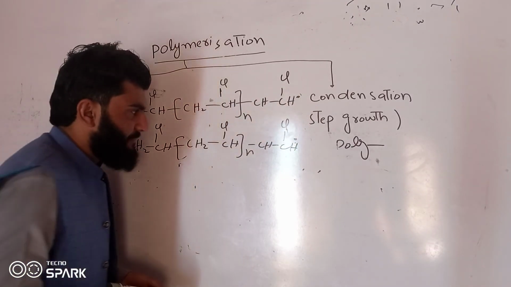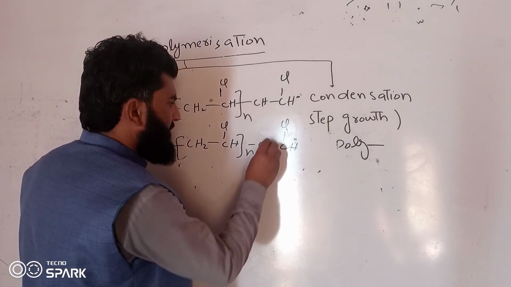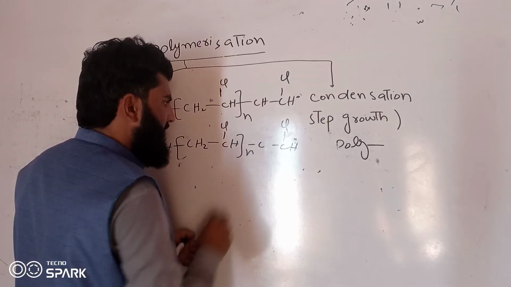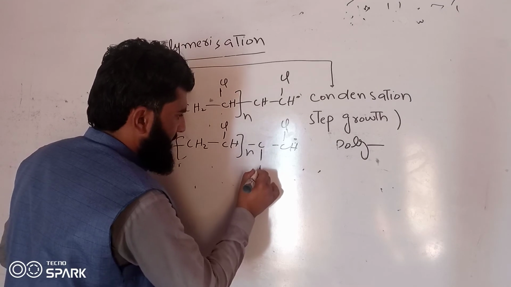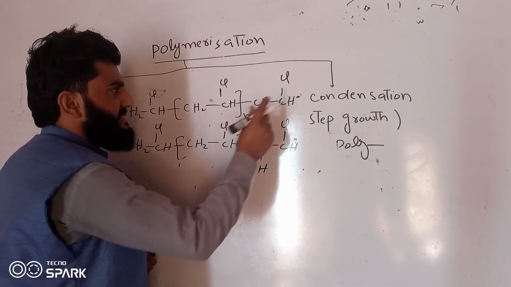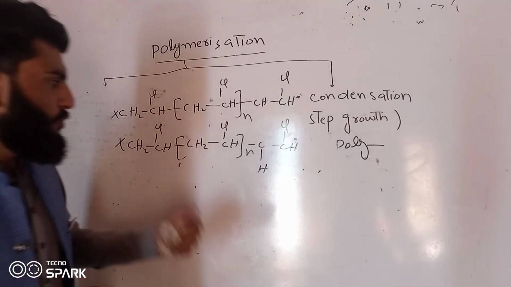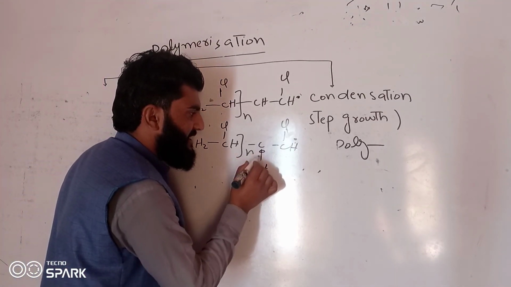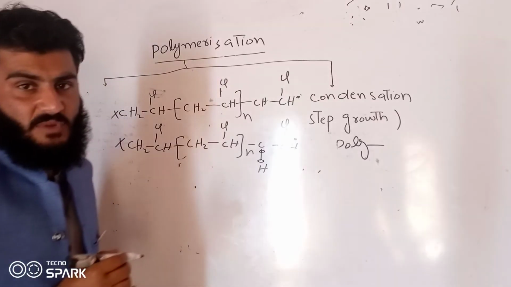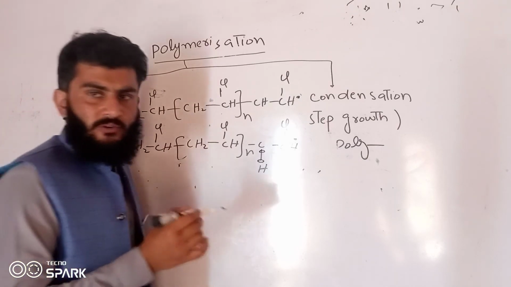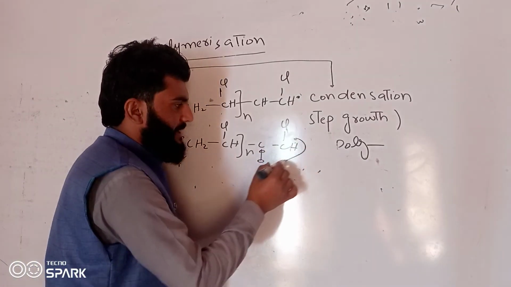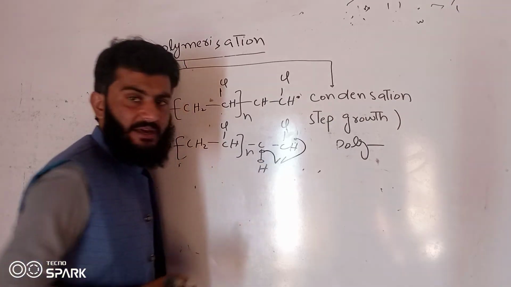For example, this is a hydrogen and this is a reactive species. You know that this is one electron and this is the second electron. So, for example, this comes here and this one comes here.